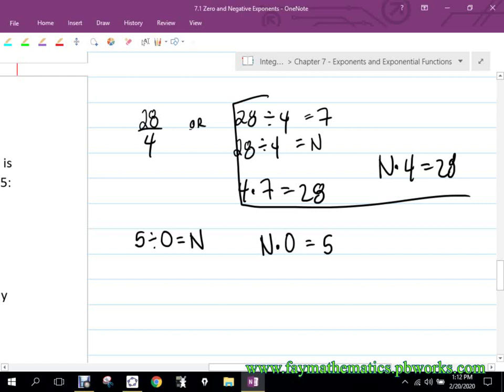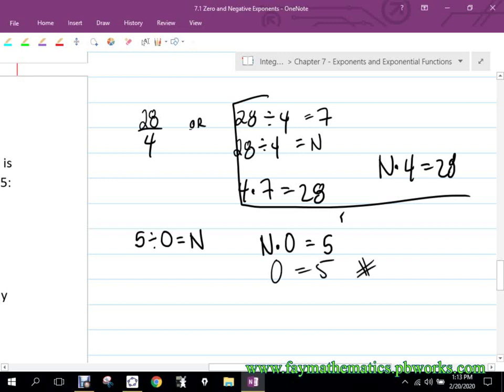Does that make sense? So when I say 5 divided by 0 equals n, I'm telling you that is going to be a request for some number n that when I multiply it by 0, I get 5. That doesn't make any sense, right? N times 0 is what? N times 0 is 0. So this side here would be 0, and this would be 5. That is what we call a contradiction.